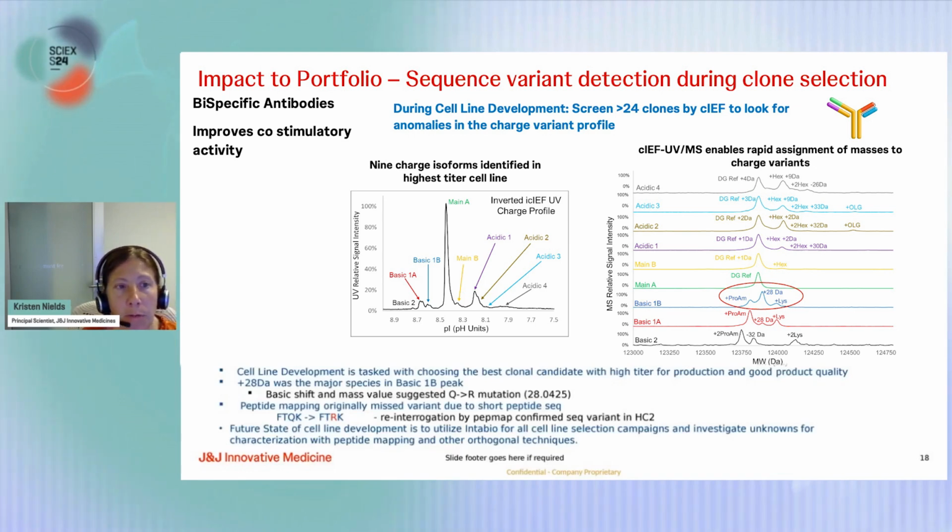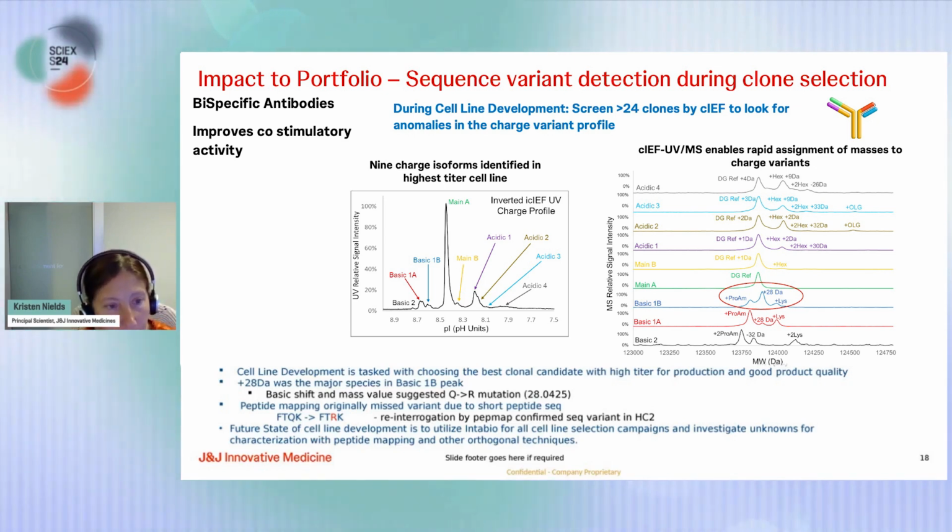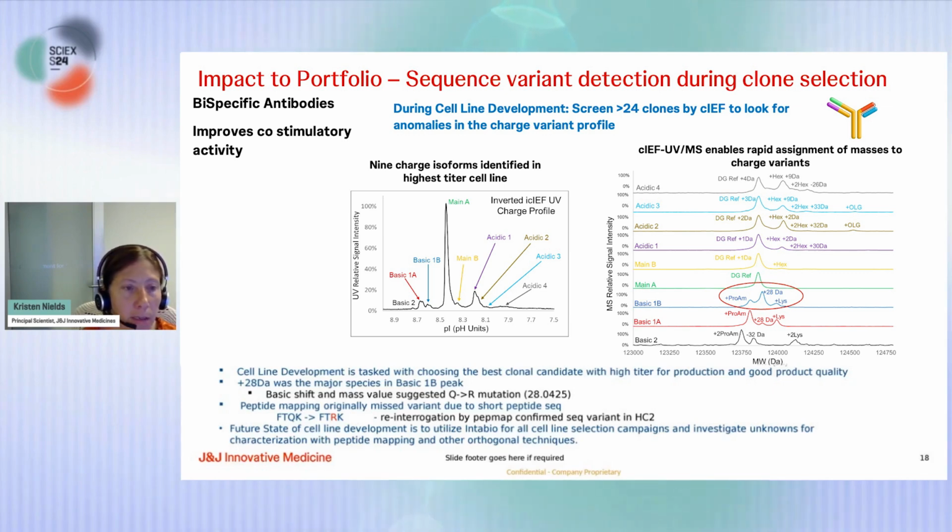Back to our portfolio, another anomaly we saw during cell line selection, and a pretty interesting technique that we did pick up, was in the one molecule coming through. We had a basic peak that was kind of hidden under the main peak, and we did see a shift, screening 24 clones going down to top 8 clones based on titer.